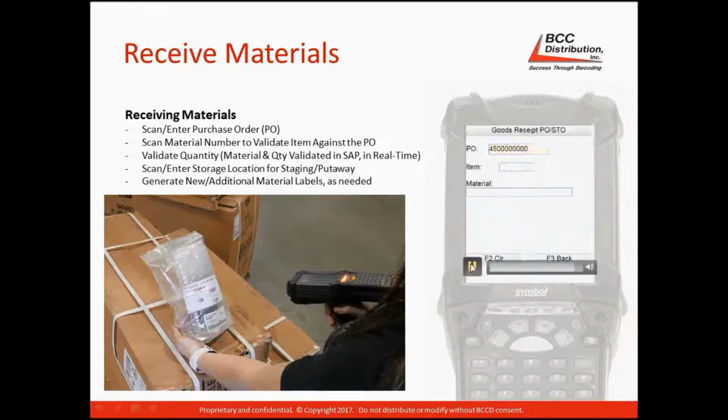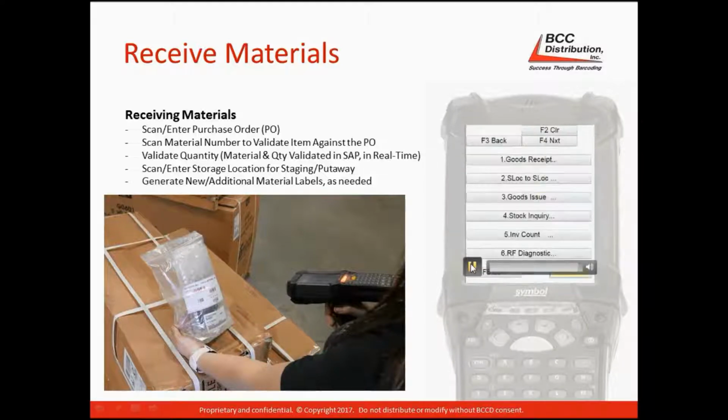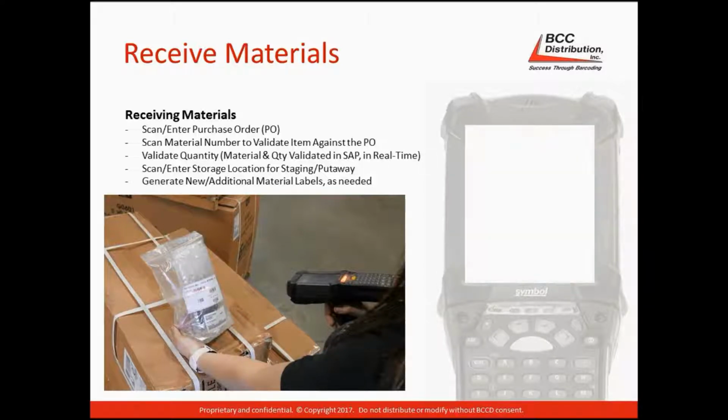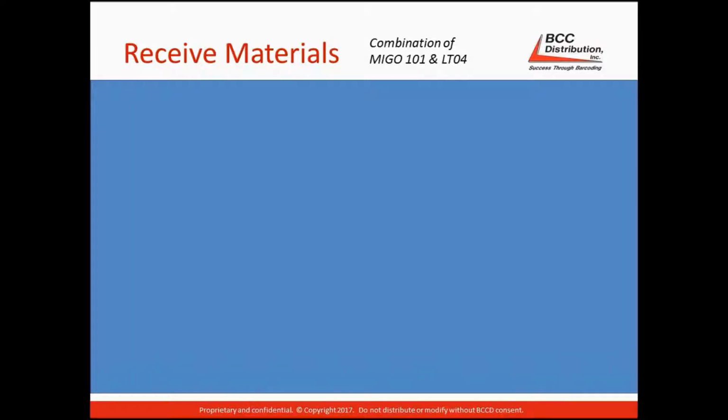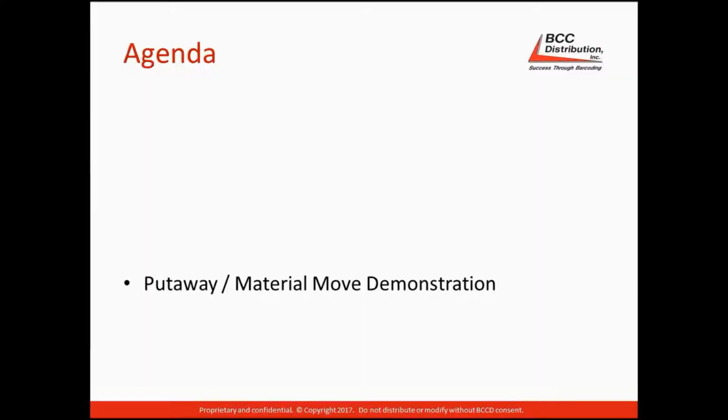This is a frame for this customer showing exactly what they want to see. And everything that we'll be talking about today and the next two webinars are all menu driven. We can start with one transaction, or we can start with many transactions. Okay, we've now received, now we put away.